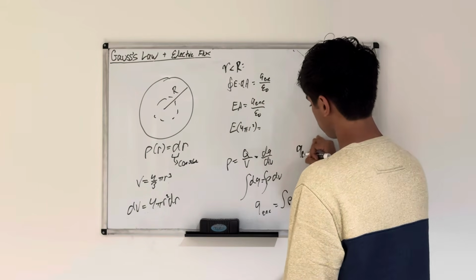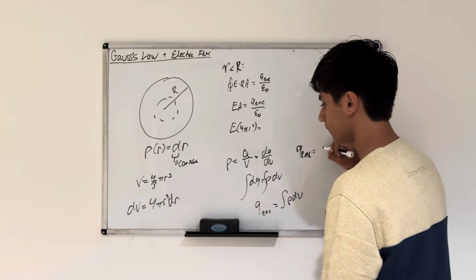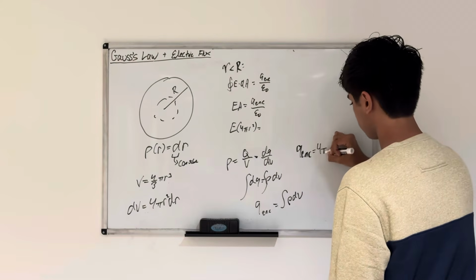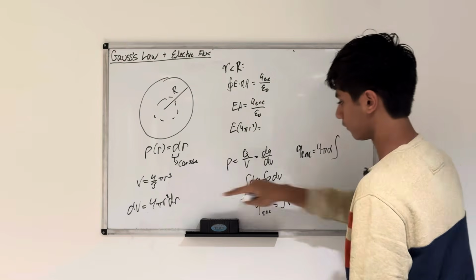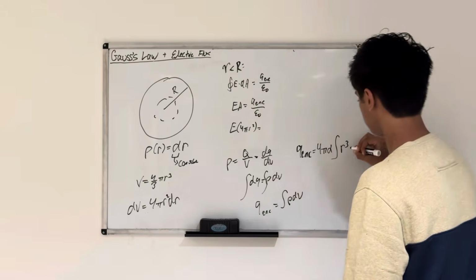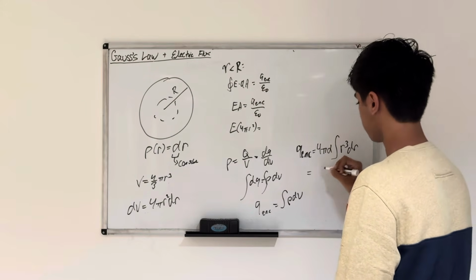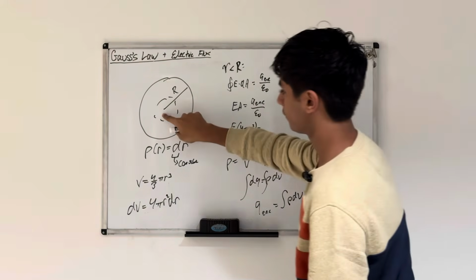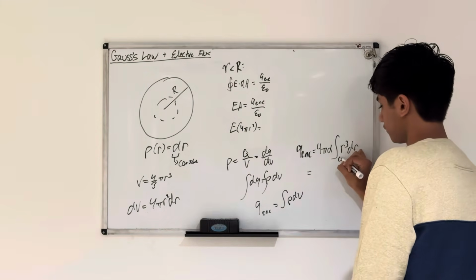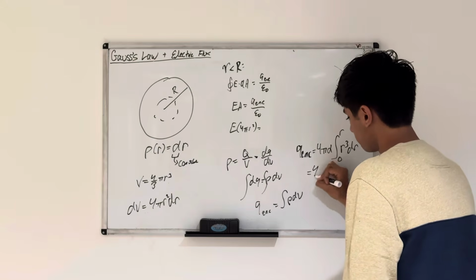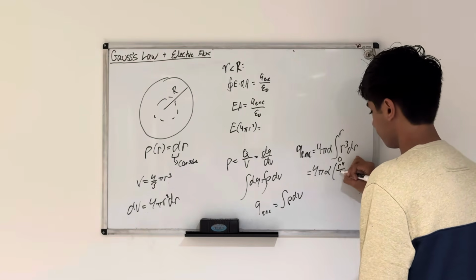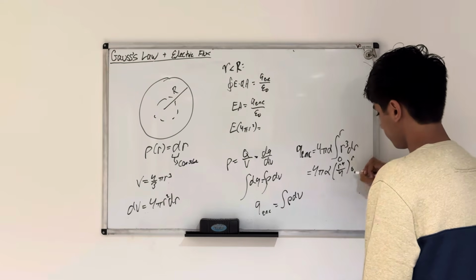And we get that Q enclosed is equal to the integral. 4 pi and alpha are constants, so we can take those out. So 4 pi alpha, integral of r squared times r, so r cubed, and then dr. So if we integrate that, and again for Q enclosed we're integrating from 0, the center, to little r. So 4 pi alpha, r to the power 4 over 4, from r to 0.